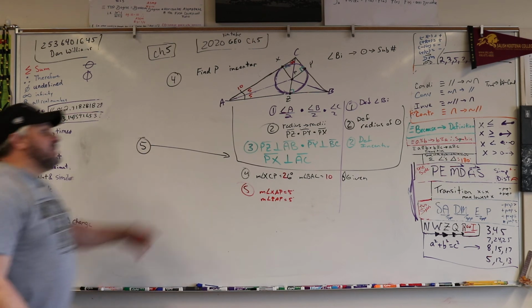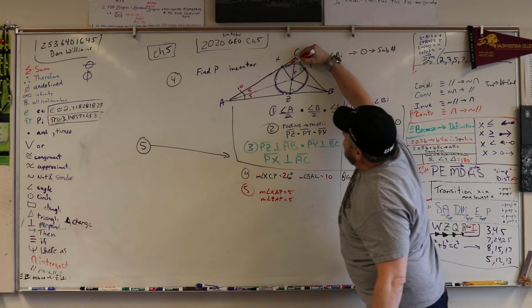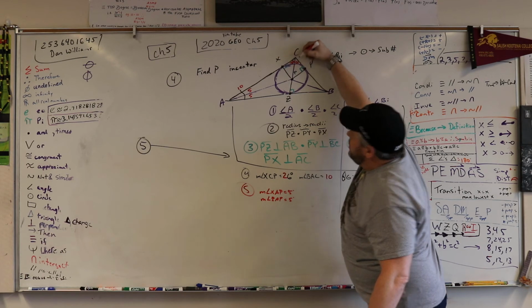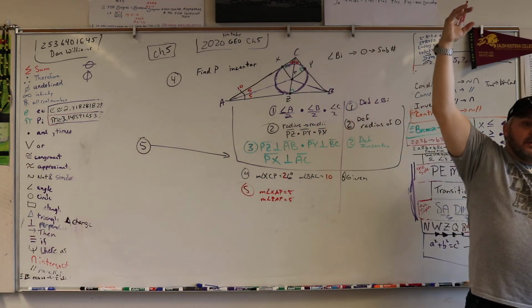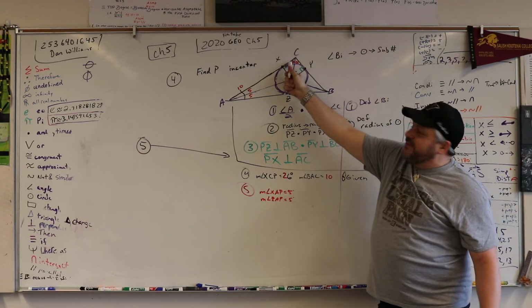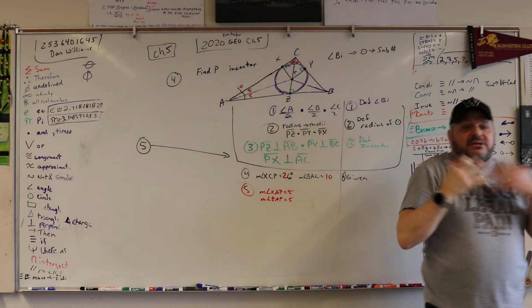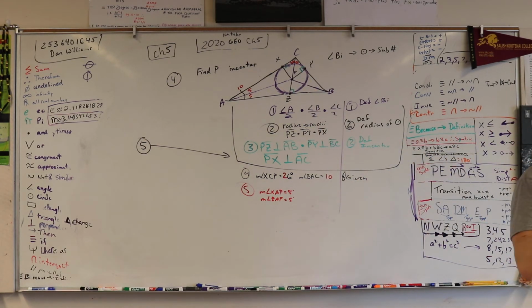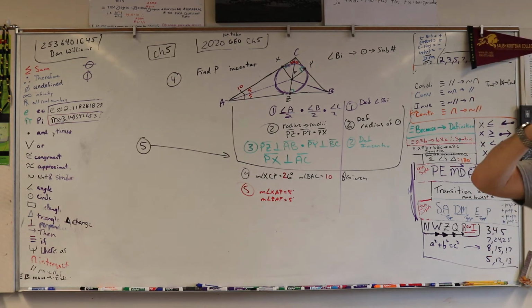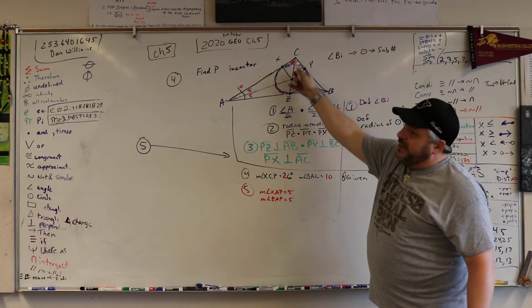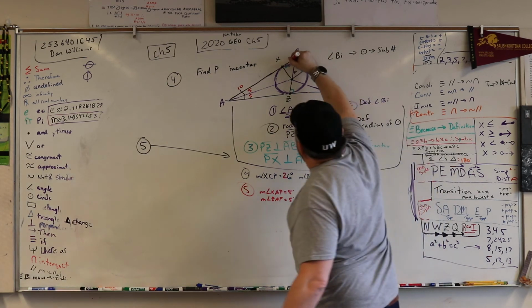Okay. Now, if this is 26, how much is this? 26, right? If this half is 26 and the other half has to be 26, they're equal, right? Because it cut it in half. Does that make sense? It's an angle bisector. So both of these have to be the same. So what's the total?